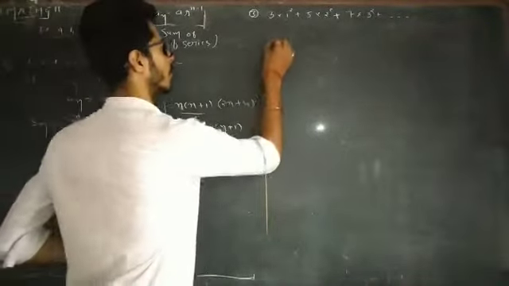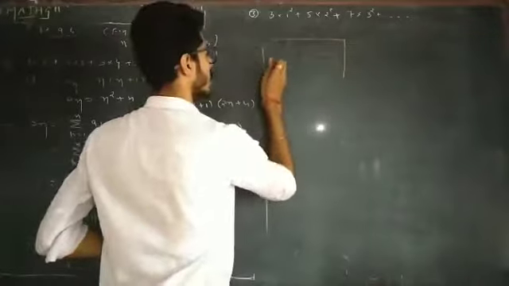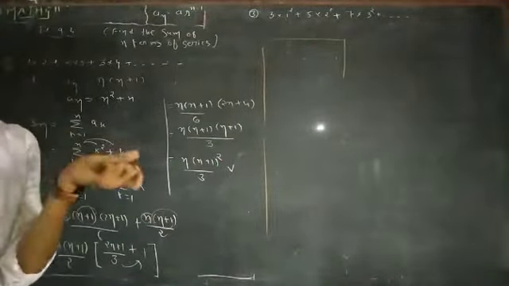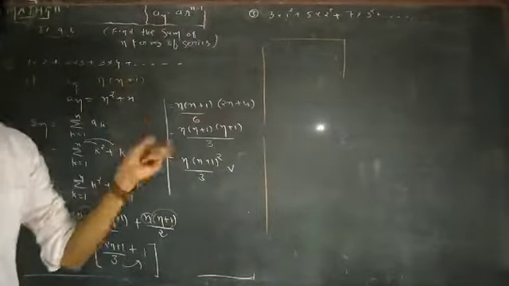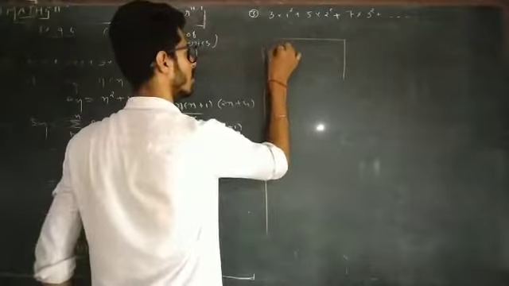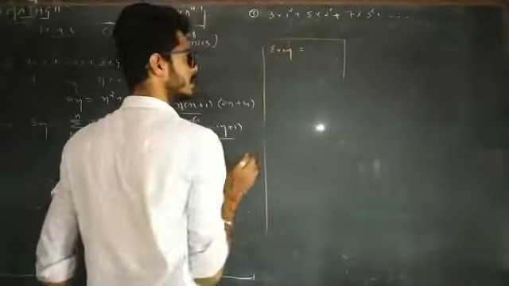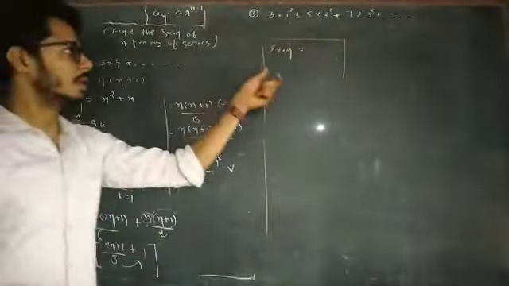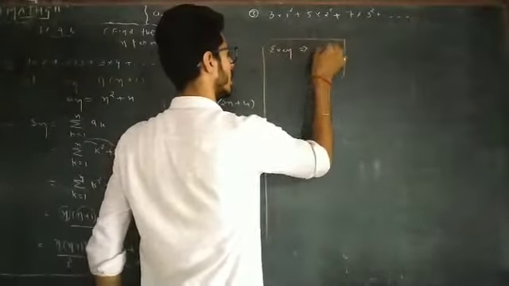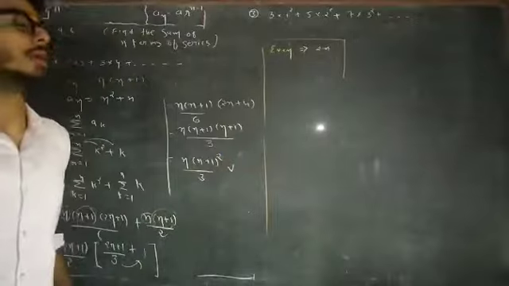So for that, 3, 5, 7, 9 and 11, it means they are odd terms. See, there are two types: one is even type and second one is odd type. So particularly for even terms, which are given over here, you have to guess 2n. What is 2n? 2n means even terms.